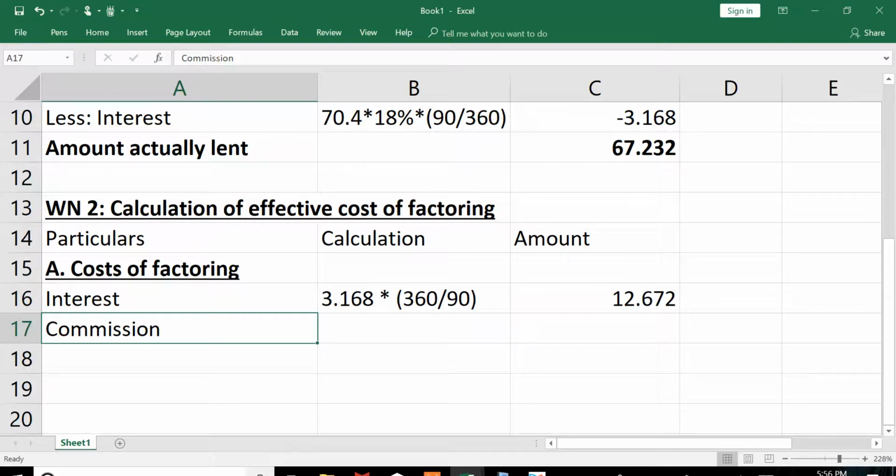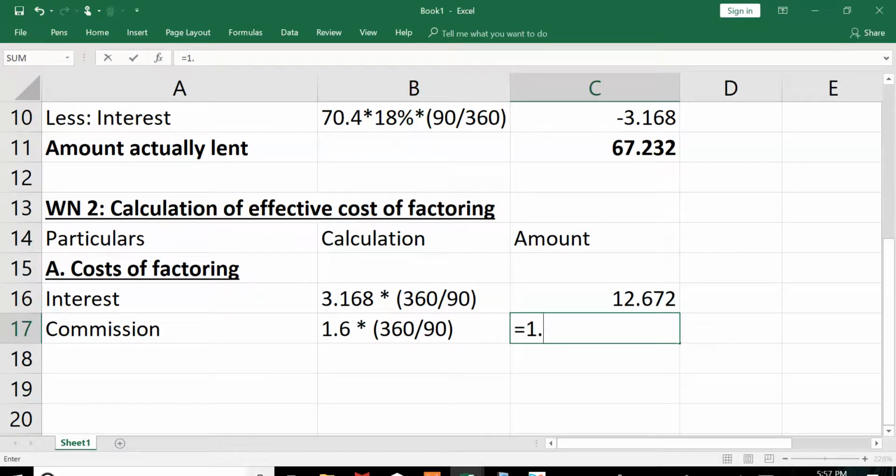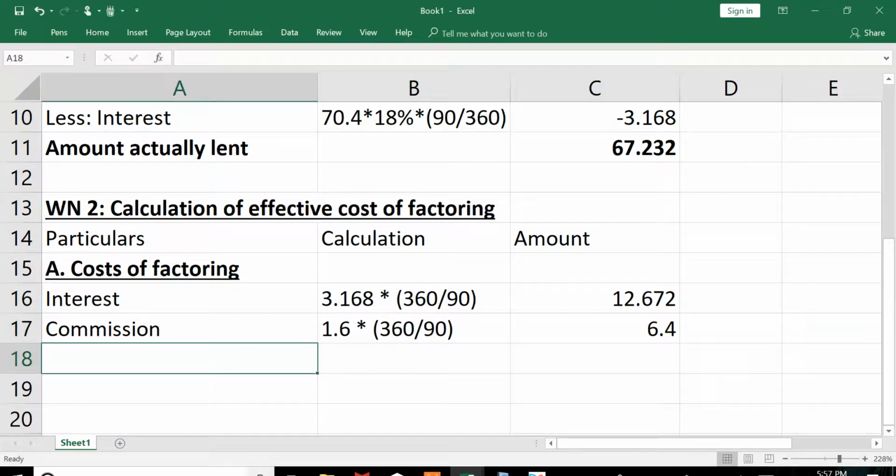So 12.672 is the interest cost, 3.168 into 360 by 90. Similarly, commission is 1.6 into 360 by 90. So we have an interest cost, we have a commission cost. These are the two costs we incur.